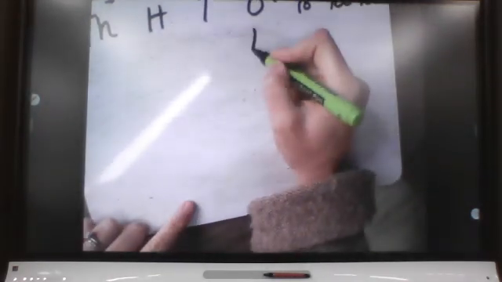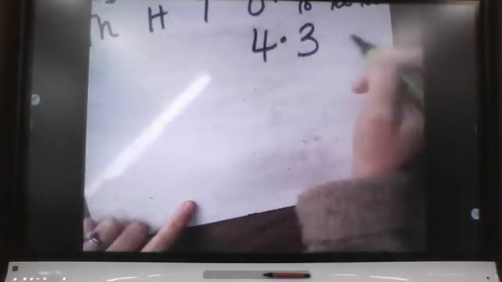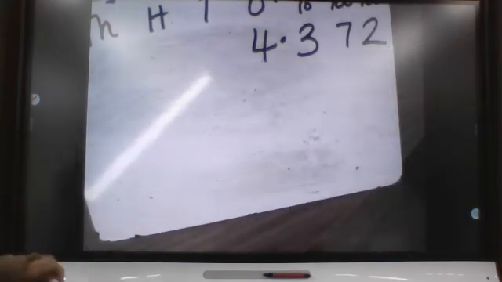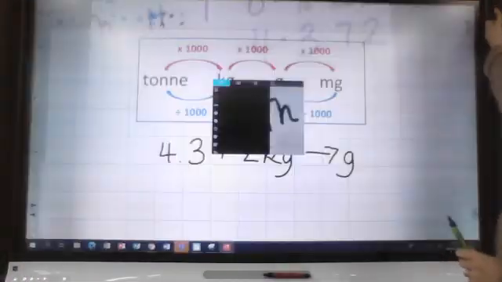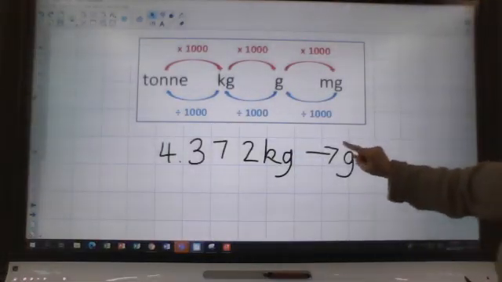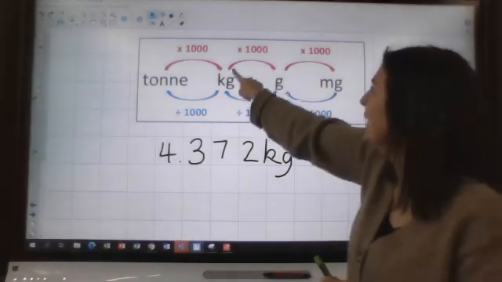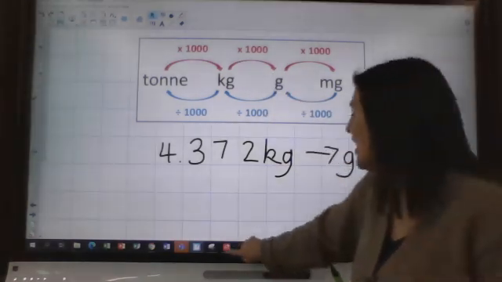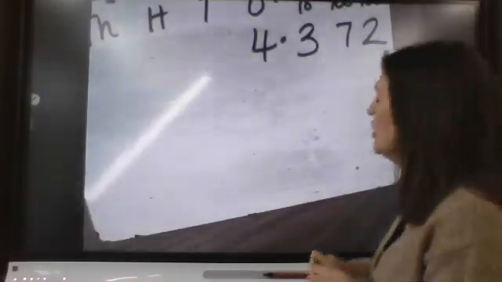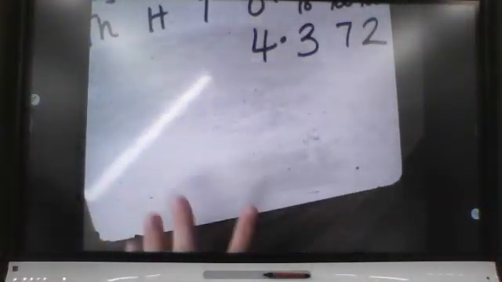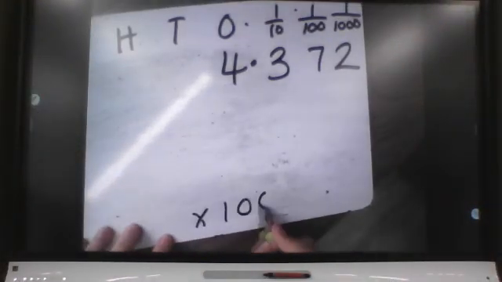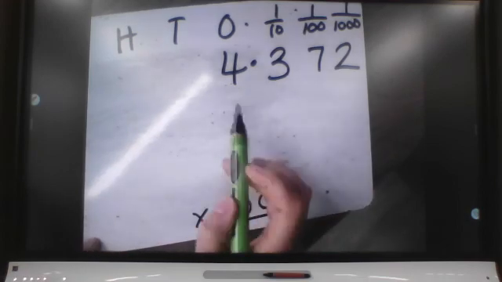I've got 4.372. Let me just check I've copied that down right. So 4.372, and I've got to multiply by 1,000 because I'm changing it into grams. So because it's multiplied by 1,000, I've got to move it 3 places.